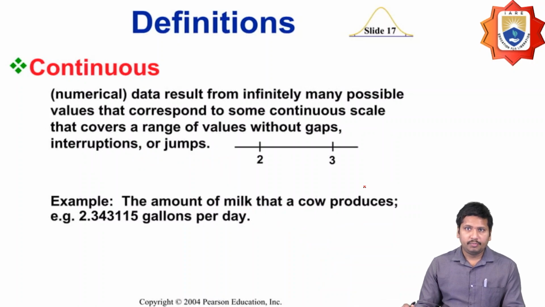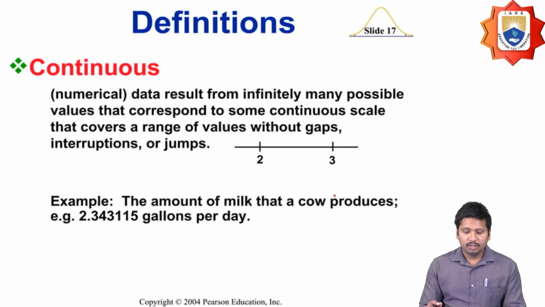Continuous data is numerical data, and this kind of data results from infinitely many possible values that correspond to a continuous scale, which covers a range of values without gaps, interruptions, or jumps.